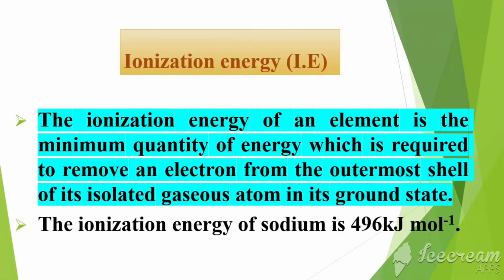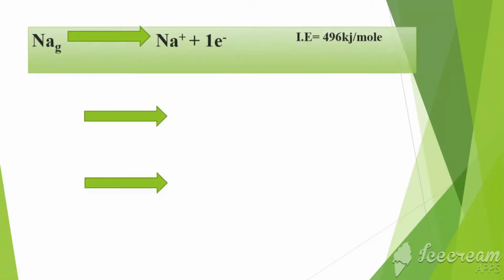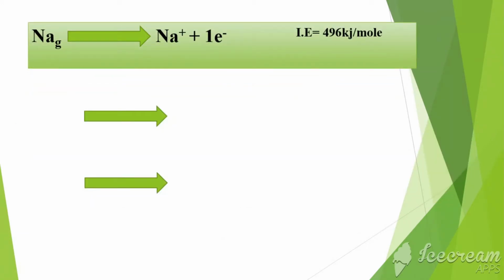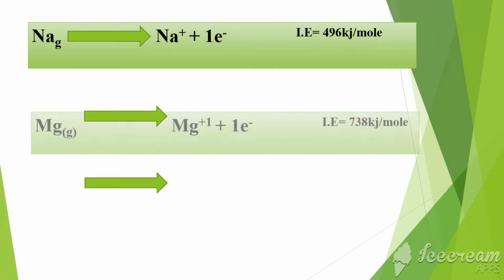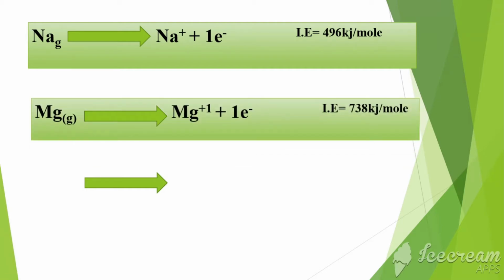For example, ionization energy of sodium is 496 kilojoule per mole. When sodium in gaseous state loses first electron, then its ionization energy is 496 kilojoule per mole. When magnesium atom in gaseous state removes its one electron, then first ionization energy is 738.